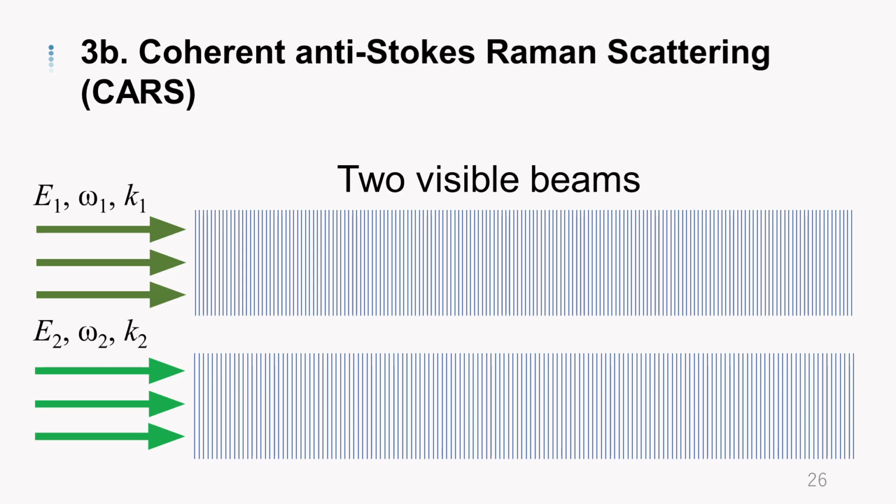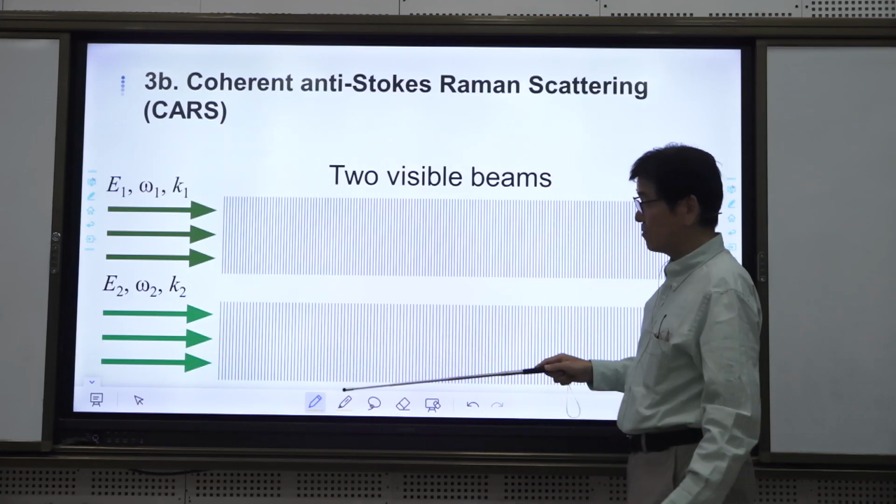Raman scattering is measured with a single excitation beam. But in the case of CARS, they use two beams having different electric field intensity E, different angular frequencies omega 1, omega 2, and different wave number vectors K1 and K2.